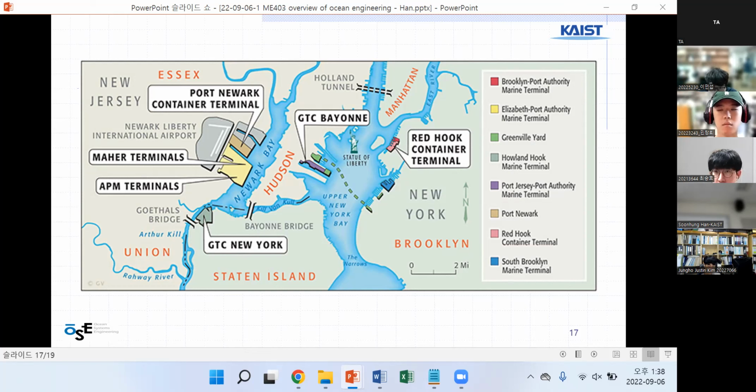One of them is Kennedy, the other one is Newark. And Newark also has a port, a container terminal. Maher and APM are famous companies for cargo handling terminals. The company owns its own container terminals, in addition to the local authority, the New York, New Jersey port.